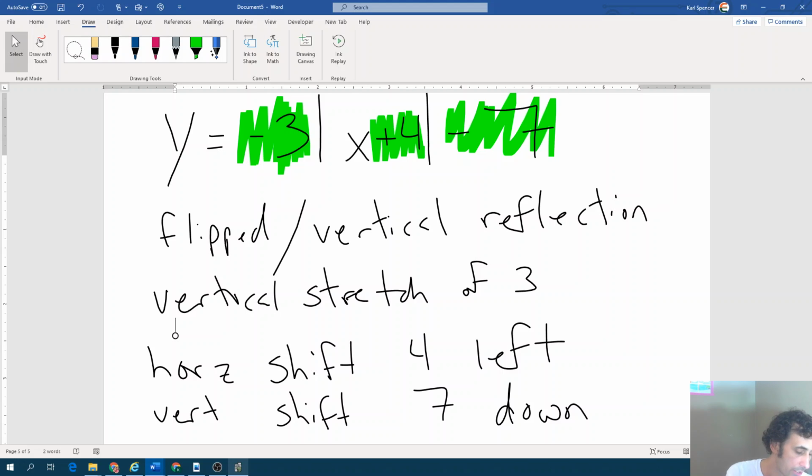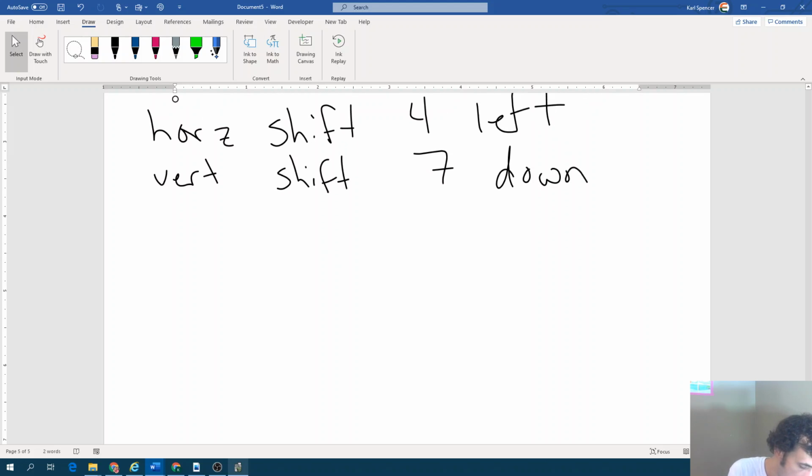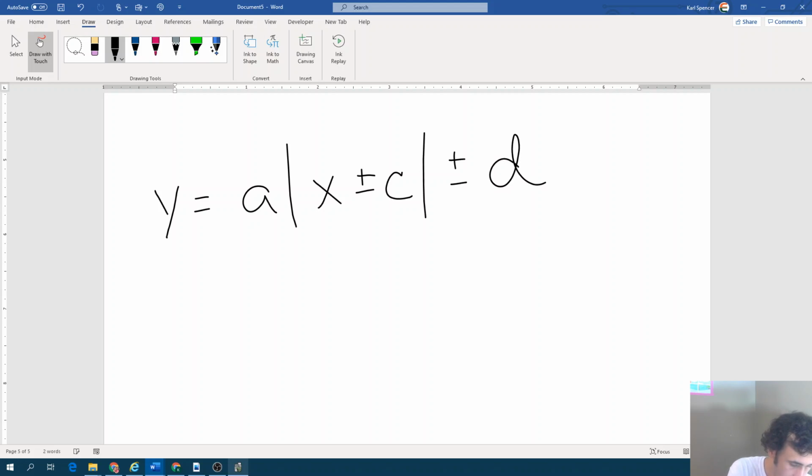Now, if you're looking for a general rule of thumb, we can write this as something like this: A absolute value of x plus or minus c, plus or minus d. That A, that number in front, is the vertical stretch.